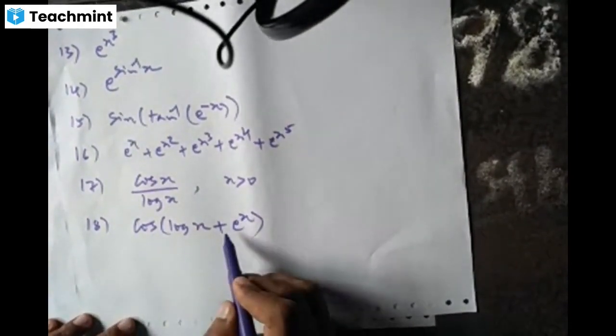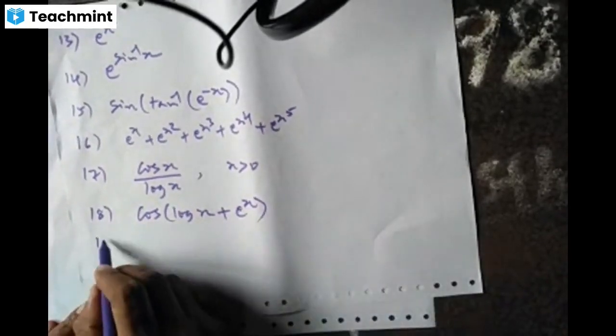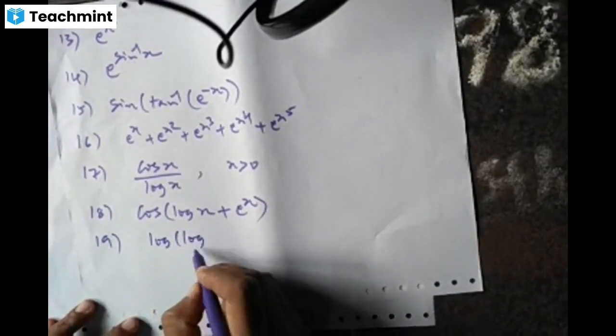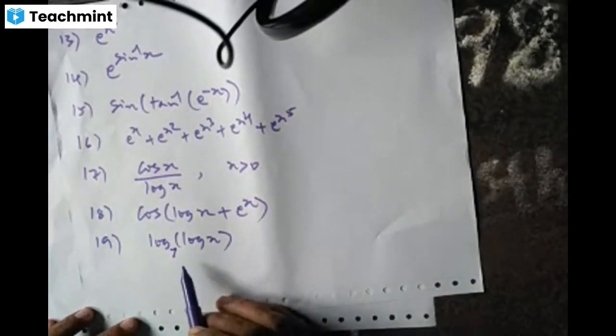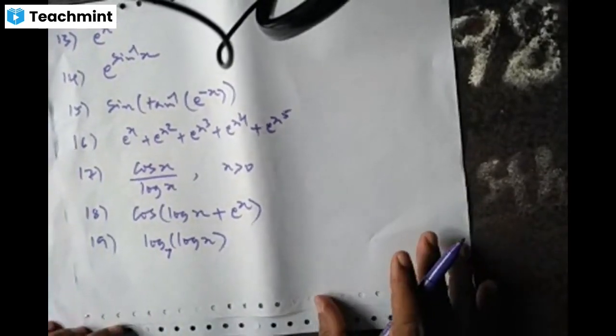Use chain rule to find the derivative of the given function. 19th one, log of log x to the base 7. So 19th one is a slightly different problem. Here the base is 7, here the base is e. So you have to change the base from 7 to e by using change of base formula.